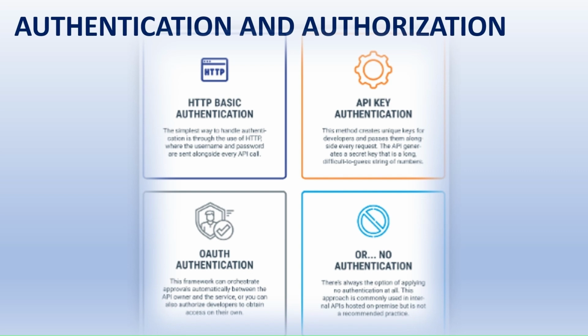Authorization, on the other hand, determines the actions that an authenticated user or system can perform within the API. This involves setting up access control rules, permissions, and roles. Popular authorization models include attribute-based access control, or ABAC as it is popularly known, and role-based access control, or RBAC.